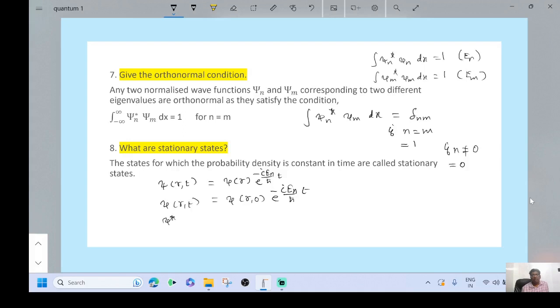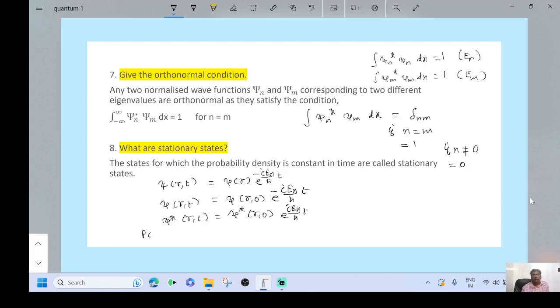Then psi star of r comma t is equal to psi star of r comma 0 times e power i E n by h cross into t. This minus i is changed to plus i.